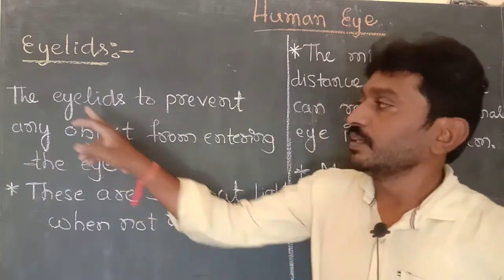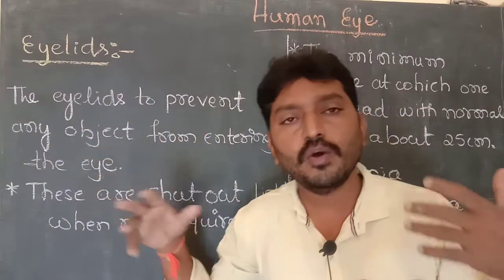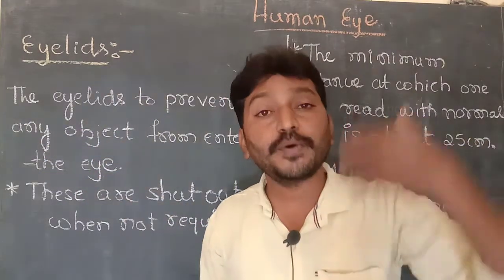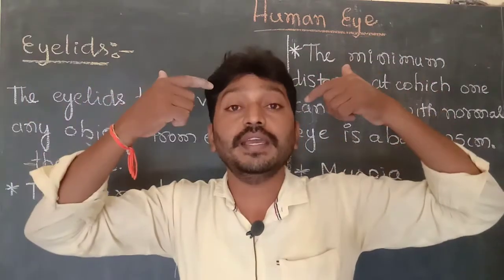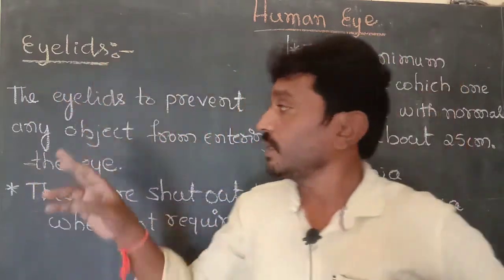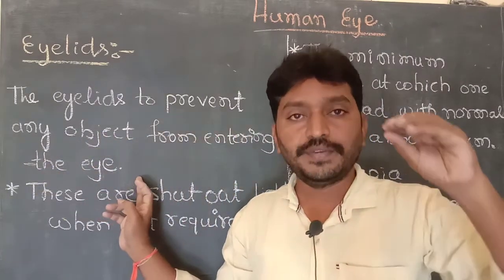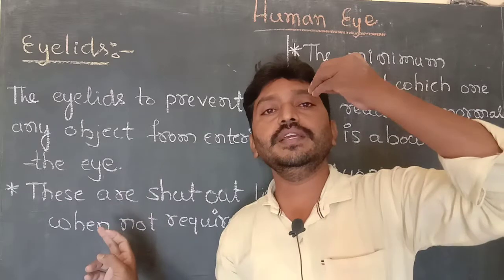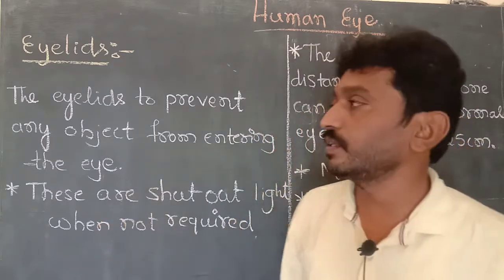The eyelids prevent any object, in the sense dust particles or any heavy object, from falling on our eye. So any object is prevented from entering into the eye. If any object enters the eye, it hurts our eye, so eyelids are very important for us.